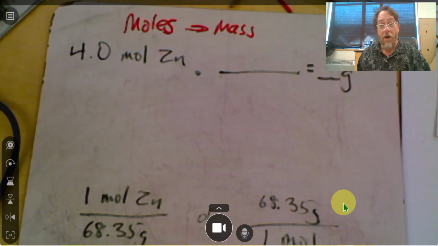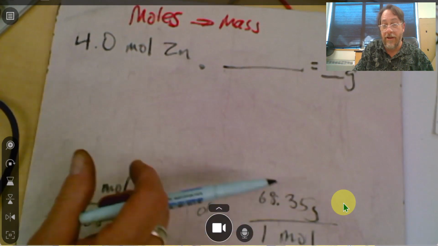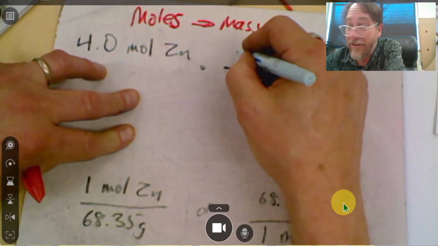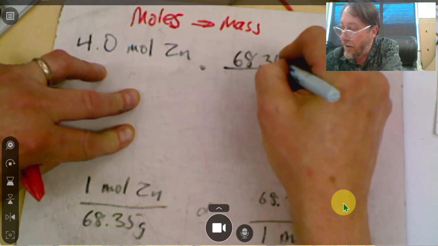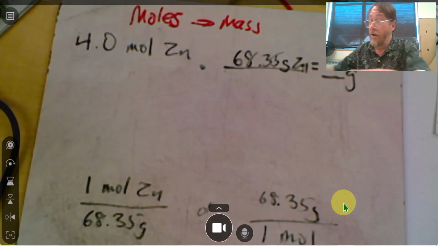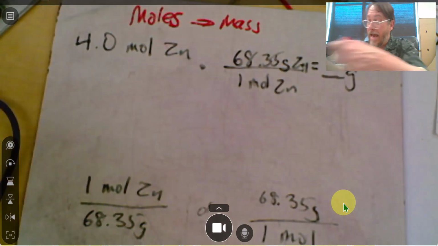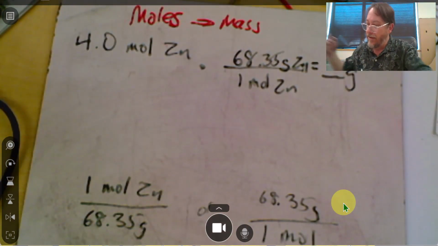And so which one of those has grams on top? It's this one here, 68.35 grams, which I think is the molar mass as I remember it, of zinc over 1 mole zinc.